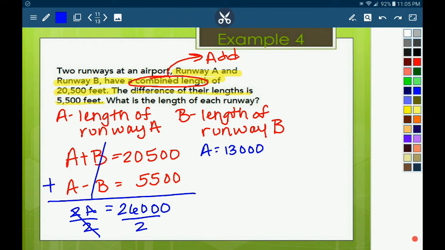Now we need to plug in for B. It doesn't matter which equation we plug into. I'm just going to plug into the first one. So I've got 13,000 plus B is equal to 20,500. Subtract 13,000 from each side.